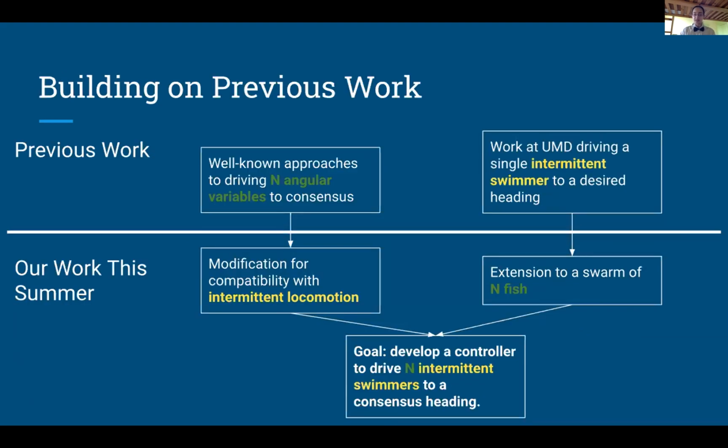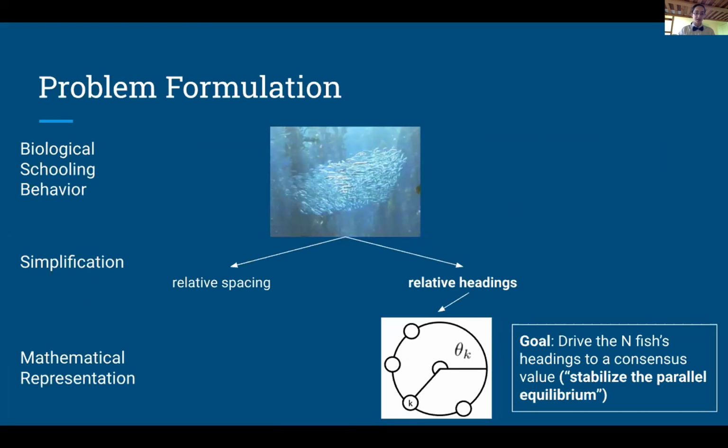So when we say that we'd like to imitate schooling, what exactly does that mean that we're trying to do? If you look at this picture of schooling fish, you might notice that they're packed in there pretty tightly and that they're all swimming in the same direction. And it's that second piece of the puzzle that we've been working on this summer, which really cut down on our work because it meant that we could describe the entire abstract state of our swarm of N fish with just N angular variables.